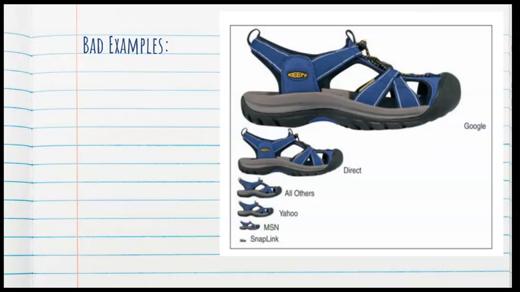All right, now, last graph example, bad example for you. Here's one that has to do with Keen sandals. It talks about where it's searched up, I guess. But what I want you to see here is a violation of what we call the area principle. Notice that it's a nice bar chart. It's great.